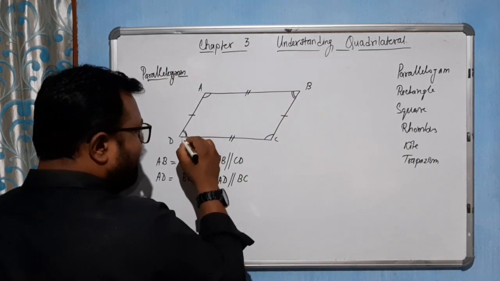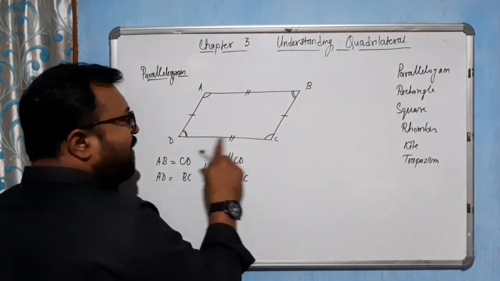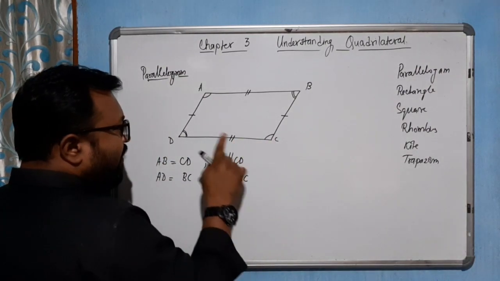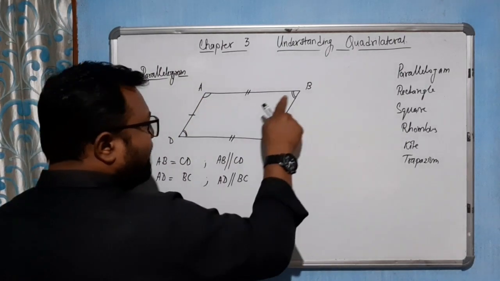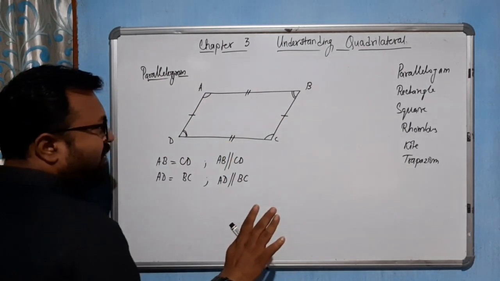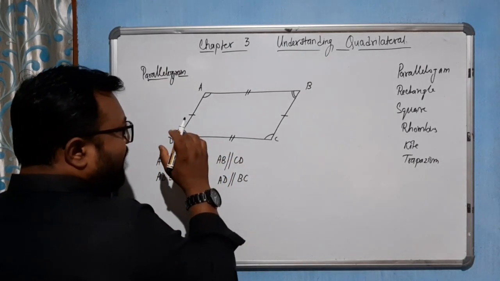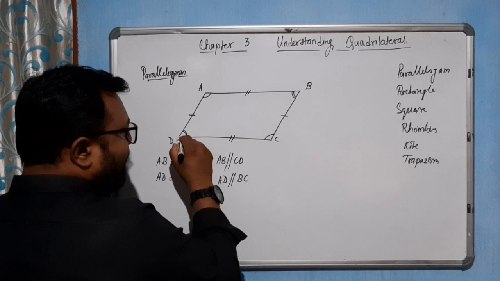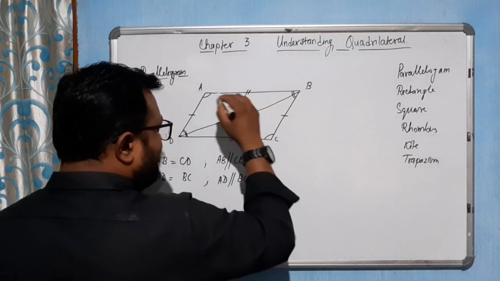The opposite pairs of angles are equal. The adjacent angles may or may not be equal. But for a parallelogram, the opposite angles are equal.